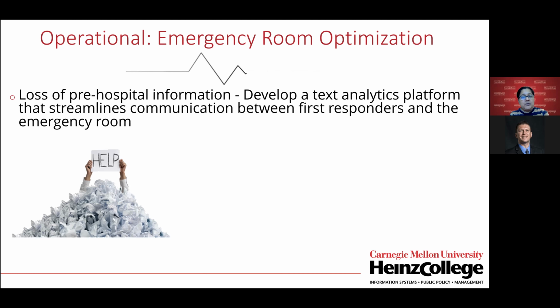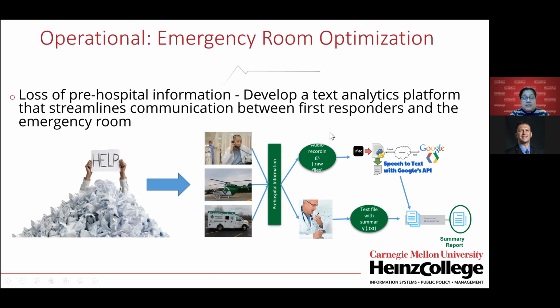So the challenge that was posed was, is there a way we can extract key pieces of information, maybe age, gender, medications, and diagnoses that this patient may have, from the stream of information provided by the paramedics who are bringing the patient, or by the doctors from the sending hospital, the hospital that's sending the patient to a different center.